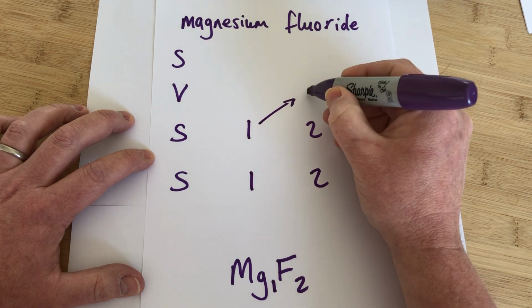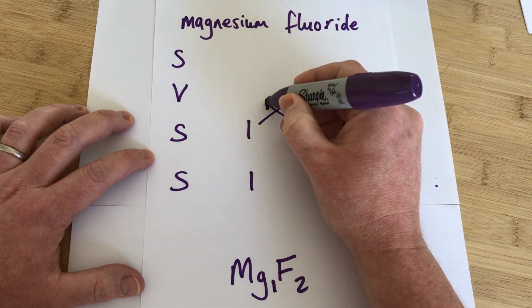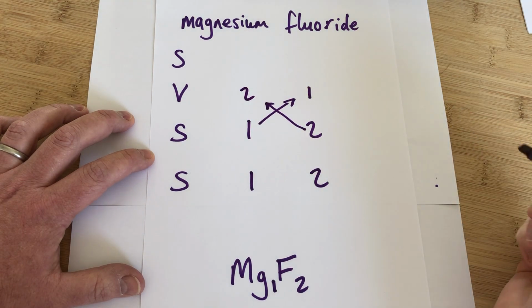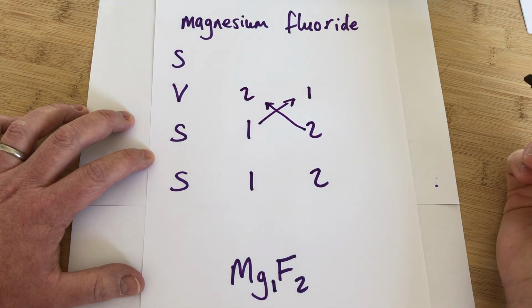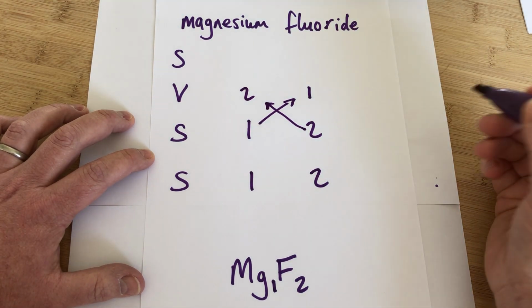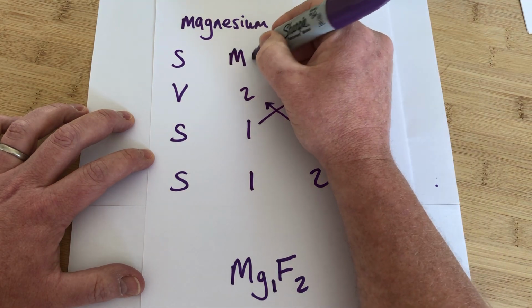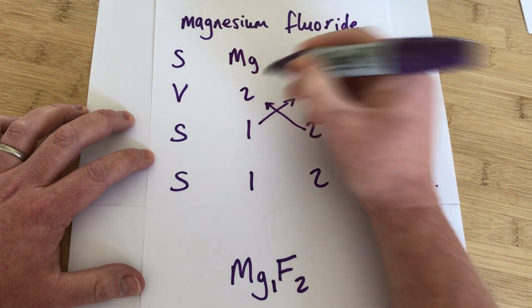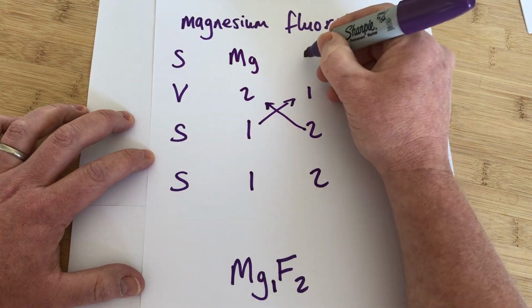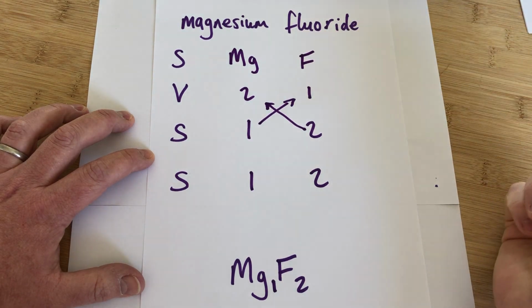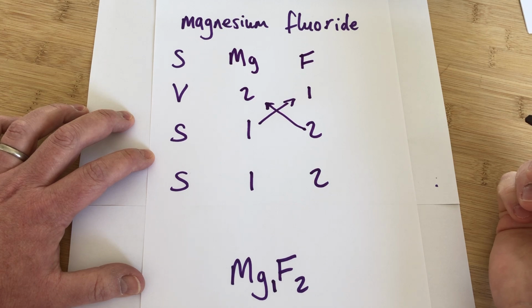So this one is going to go back up here, and this one is going to go back up here, because magnesium's valency is 2. It's in group 2 of the periodic table. So magnesium has a valency of 2, and fluorine has a valency of 1. Fluorine is in group 7, and all group 7 members have valency 1.